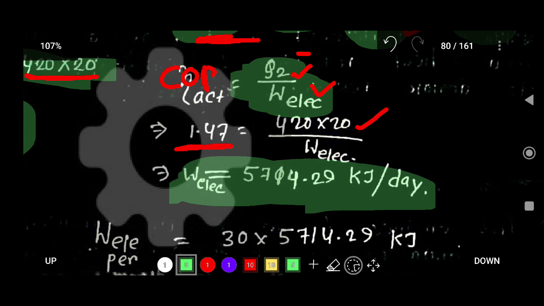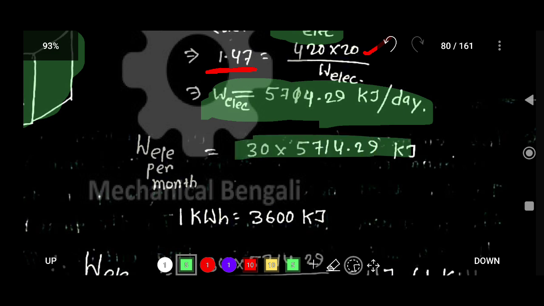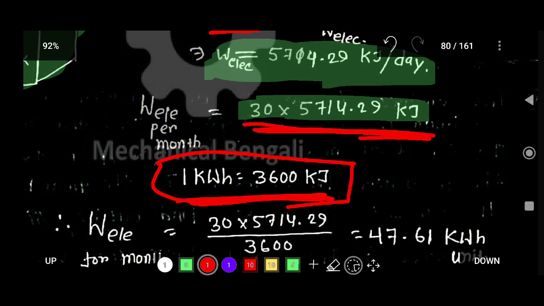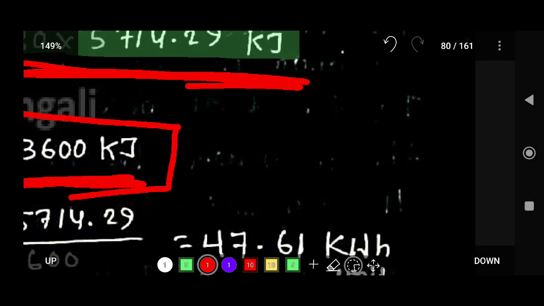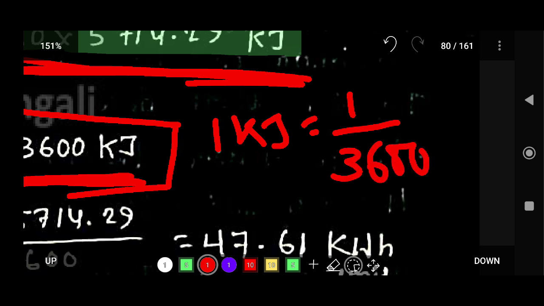Now if you want this value per month, you have to multiply it by 30. So 30 into 5714.29 kilojoule. We know, and this is very important, that 1 kilowatt hour is equal to 3600 kilojoule, so 1 kilojoule is equal to 1 by 3600 kilowatt hour.